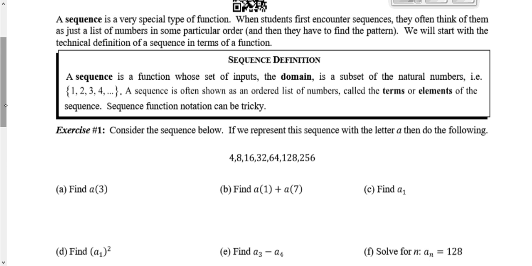And you notice here they have a list of numbers in a sequence using the set notation, okay? And each term of the sequence is each separate number, and we number each term: term 1, term 2, term 3, 4, etc., right?